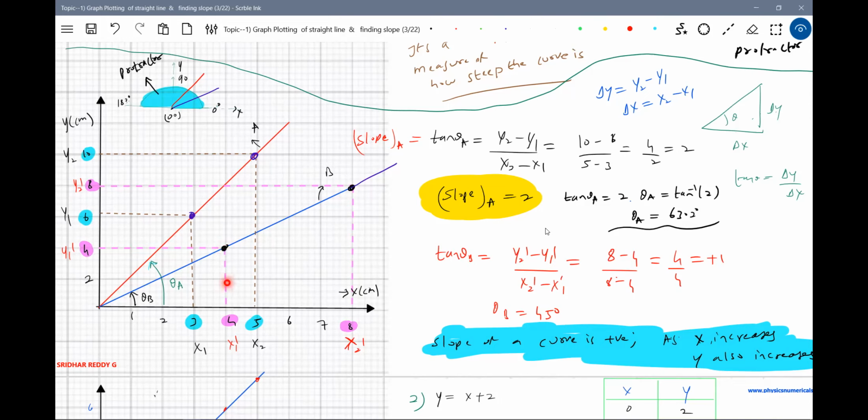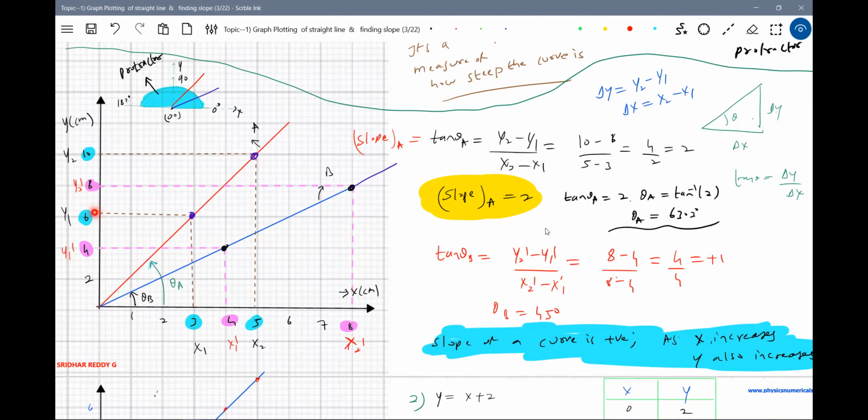If you drop a perpendicular, it will intersect the x-axis at x1 dash. Then at the other point, drop a normal, it will intersect the x-axis at x2 dash. And if you draw a horizontal line, it will intersect the y-axis at y1 dash. And from point B, this second point, it will intersect the y-axis at y2 dash. So the corresponding values are y2 dash, y1 dash, x1 dash, x2 dash.